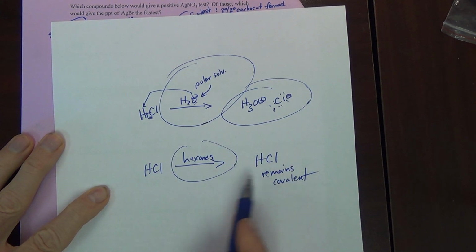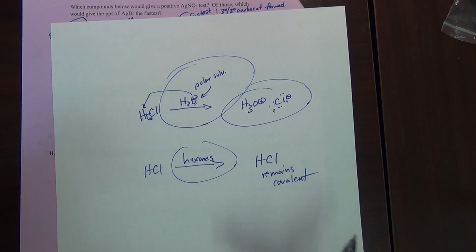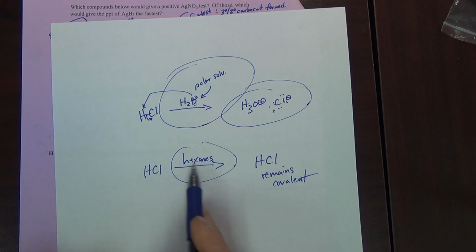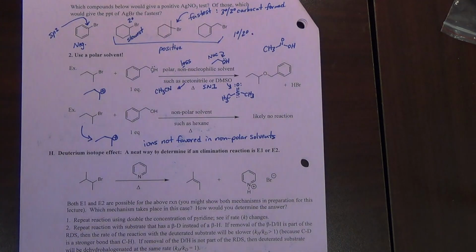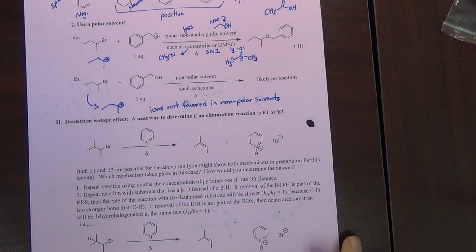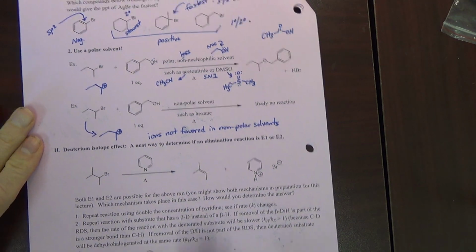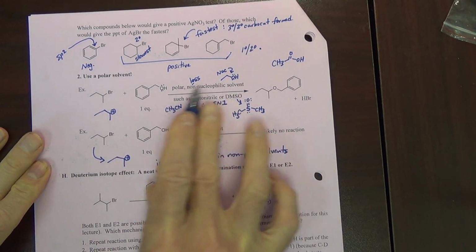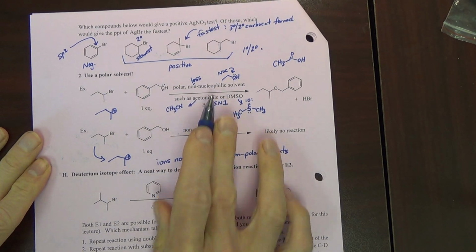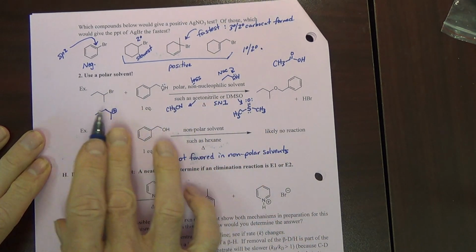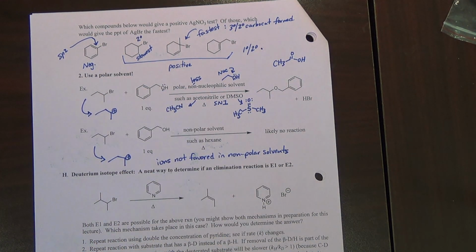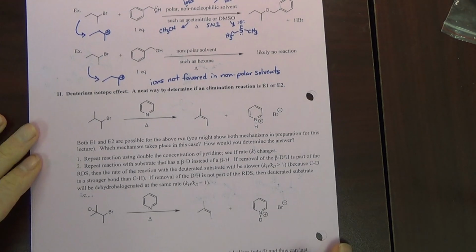In a non-polar solvent, things prefer to stay covalent. Ions and hexanes don't love each other. So if we want to do carbocation chemistry, we typically want to use a polar solvent to promote ionization to the carbocation.